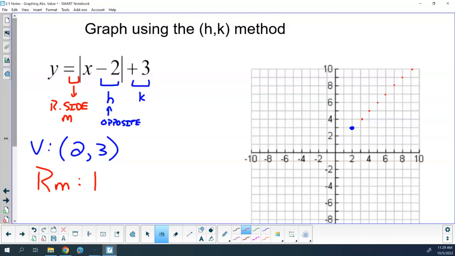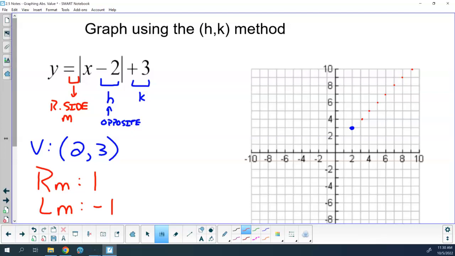My left side slope is going to be the negative, the opposite of that, if you will. So that's going to be negative. Now, normally on a negative slope, you go down and to the right. But that's not going to make me a V, right? That's going to make me a baby shark, doo doo doo doo doo doo.